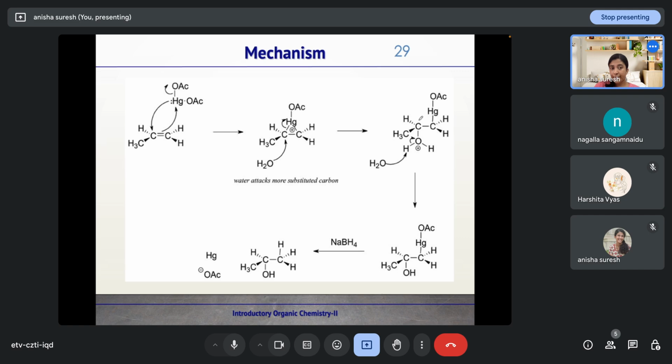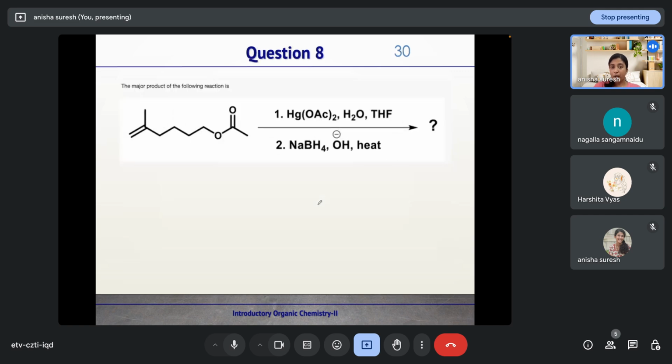When we treat it with NaBH4, the mercuric acetate will be replaced by hydrogen. So we will get the more substituted alcohol in this reaction. Clear?